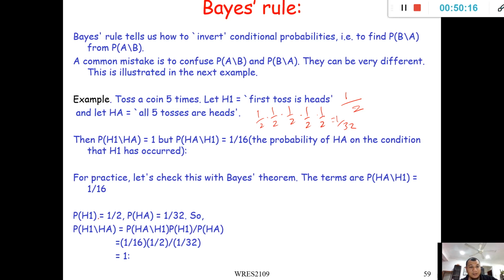If you check, P(H1) is 1 over 2 and P(HA) is 1 over 32. If you apply the Bayes theorem, you can get 1 for P(H1 given HA). This is because the first toss is heads given that all 5 tosses are heads, so you have 1. But P(HA given H1) is different, it is 1 over 16.